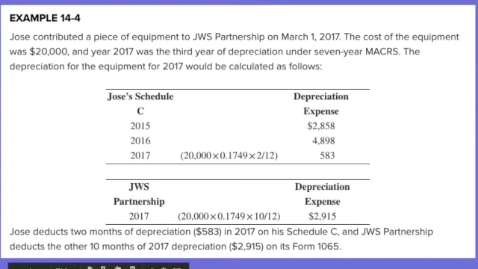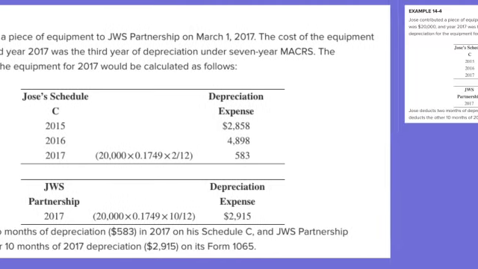You can see that taking on the 10 months that are left in the year, and everything else just stays the same. Jose gets 2 months on his Schedule C, part of his self-employed business, and then the partnership deducts the other 10 months. You'll see how this flows through on the Form 1065, on the Schedule K-1s, and then they enter them on their personal return.